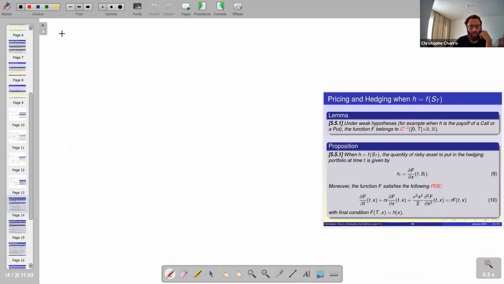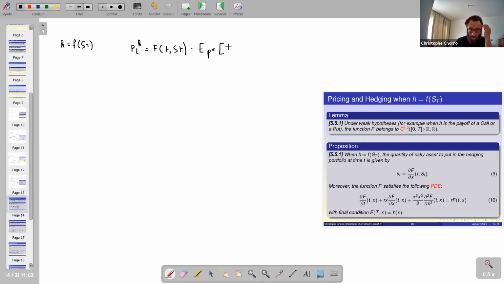You know that in the case where I have a payoff of this form, the price function is this one, that is given by, in fact, a conditional expectation.